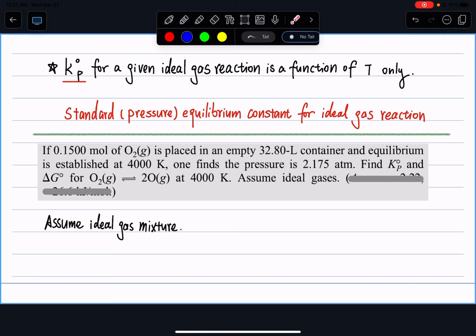The stoichiometric coefficient for O2 equals -1, and the stoichiometric coefficient for oxygen atom equals 2. So that's our initial number of moles.